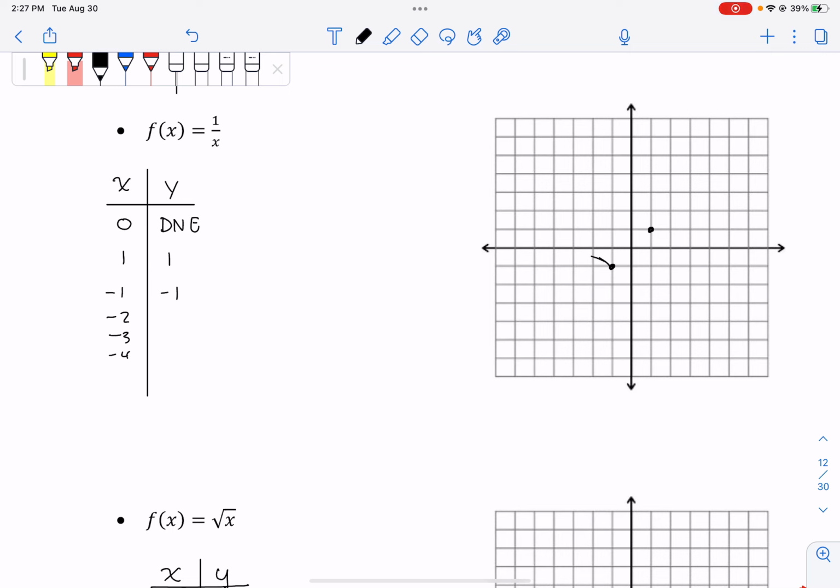And I'm not going to go over each and every single individual point, but you should get this. Same thing over here. On the left, if you start plugging in points that are very, very close to 1 or very close to 0, or just go on and on, you're going to get something like this.